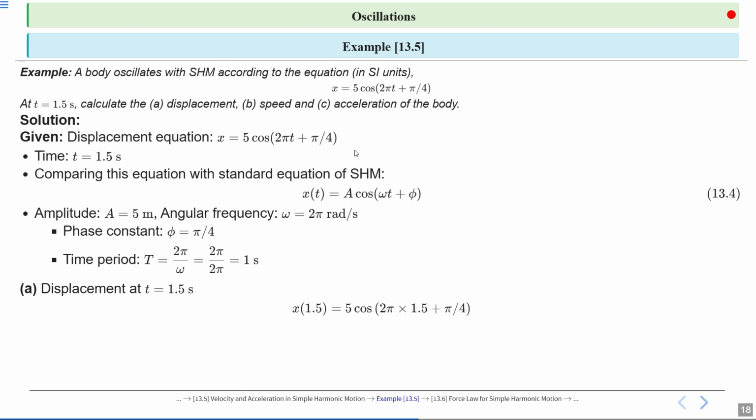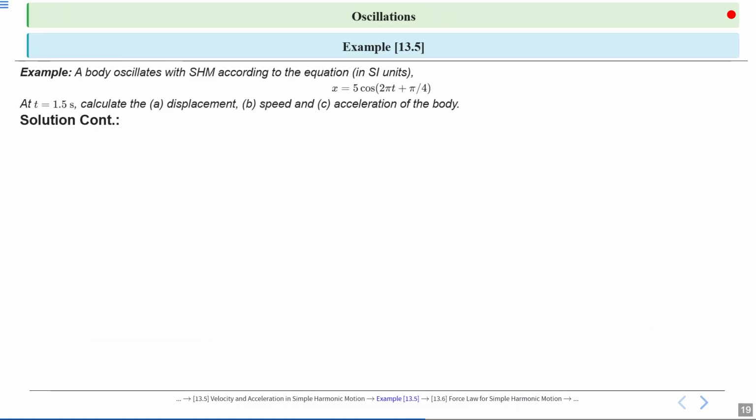So x of 1.5 is equal to 5 cos of 2 pi into 1.5 plus pi by 4. So x of 1.5 is equal to 5 cos of 3 pi plus pi by 4.